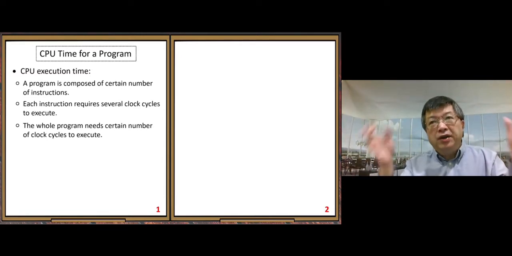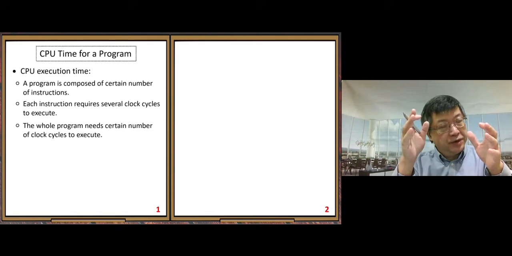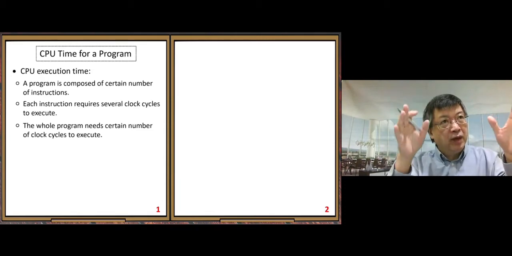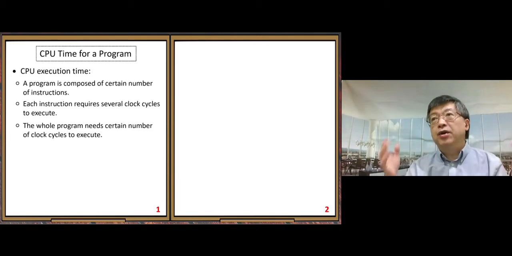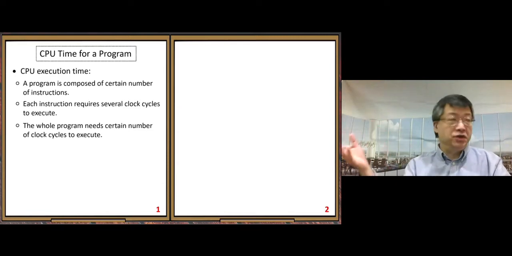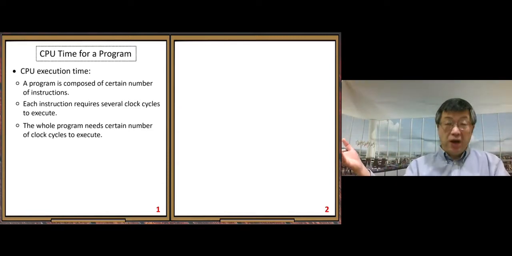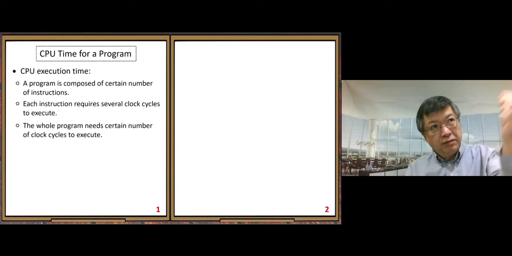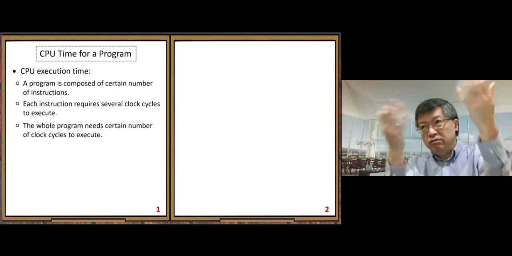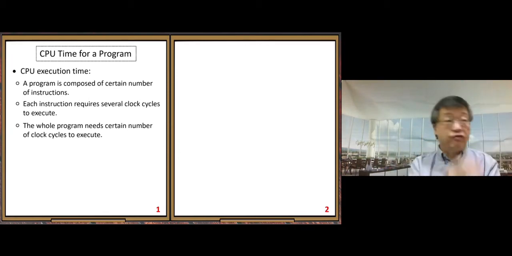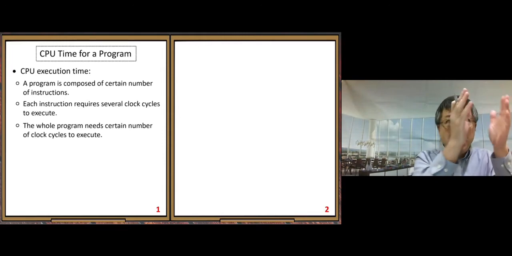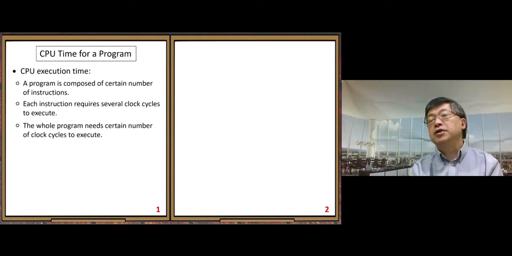If we can find the total number of clock cycles for the program, then we can get the total CPU execution time immediately, because each clock cycle has a fixed, constant cycle time, right? It's always that same number, constant.